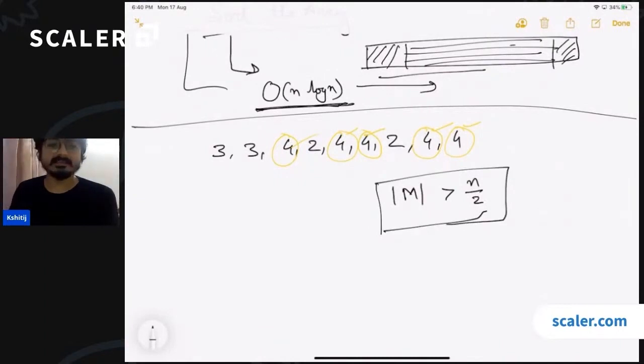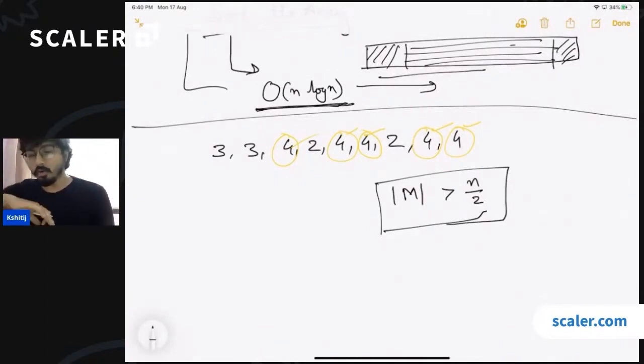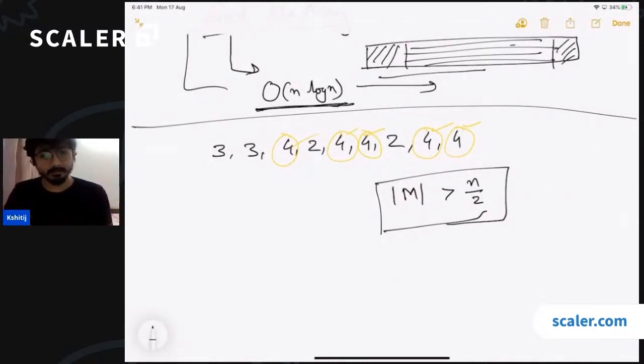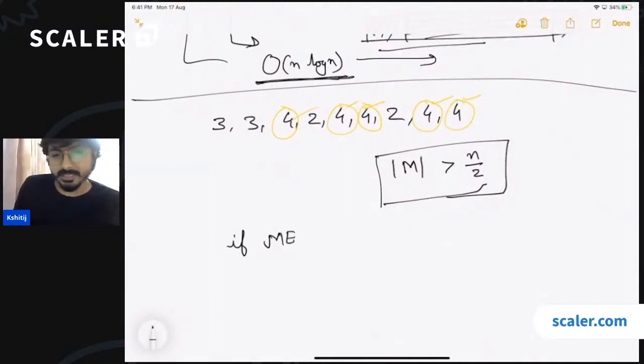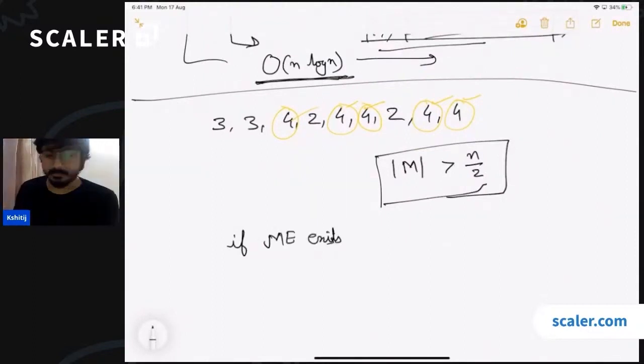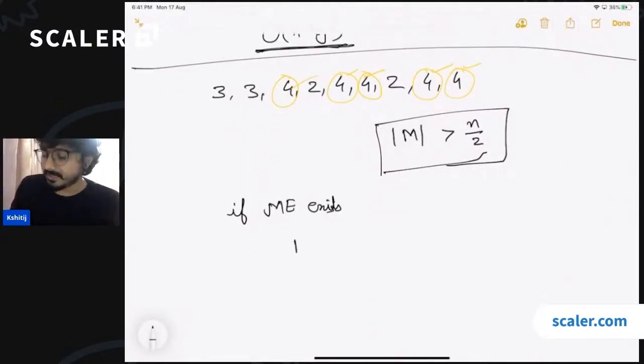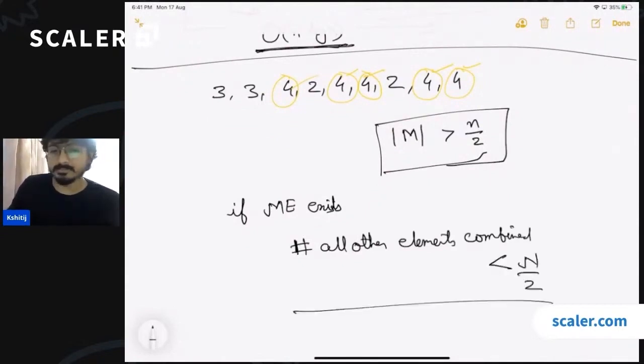If there exists a majority element, can I say that the collective count of all the other elements will always be less than n by 2?